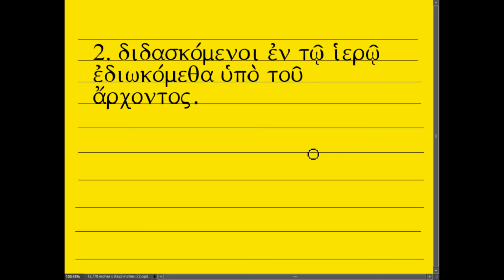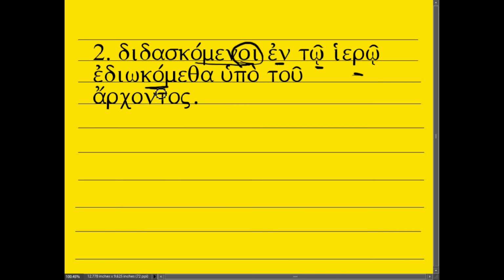Number 2, while we were being taught in the temple, we were being persecuted by the ruler. So while we were being taught, we know this is going to be a passive participle, didaskamenoi, being taught. I have it in the nominative because it's going to modify we, being the subject of the sentence. So didaskamenoi, being taught, en to hiero, in the temple, ediokometha, we were being persecuted.